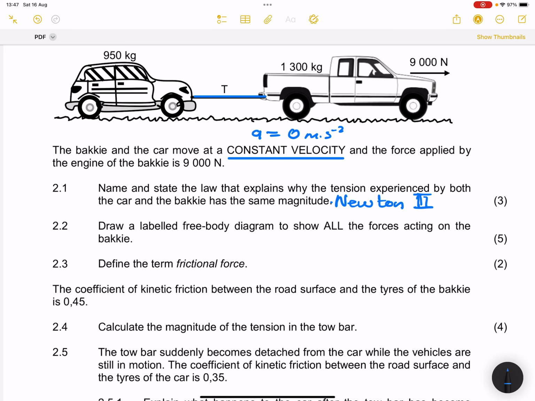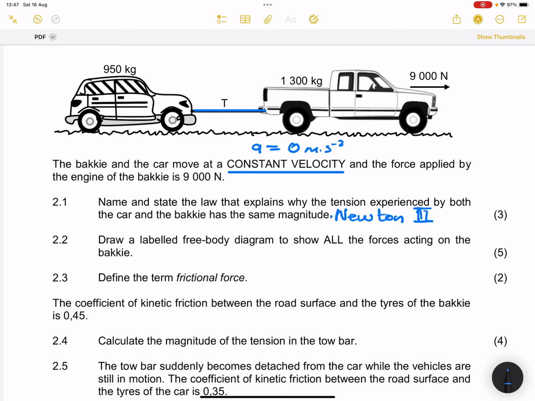So they say to us, draw a labeled free body diagram showing all forces acting on the Bucky. Right, now let's go for it. Okay, so what are the forces acting on the Bucky? Firstly, I've got the applied force there, or the force of the engine.